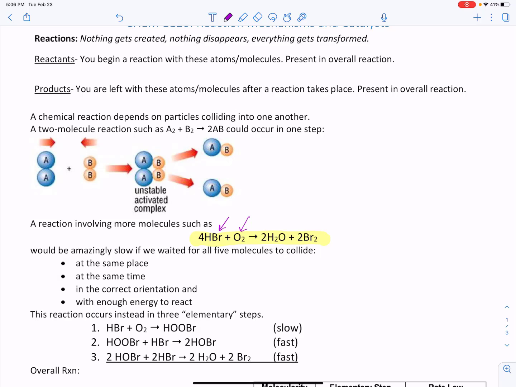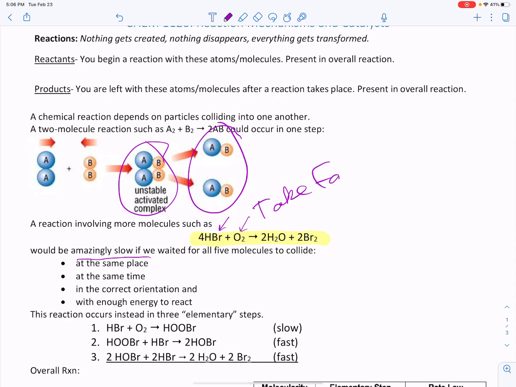Can you imagine how slow it would be if we had to wait for all 5 of these molecules to collide at the same place, at the same time, with the right orientation that they need in order to react, and with enough energy to overcome any energy barriers in order to react? That would take forever. And yet we know that that's not actually how this happens.